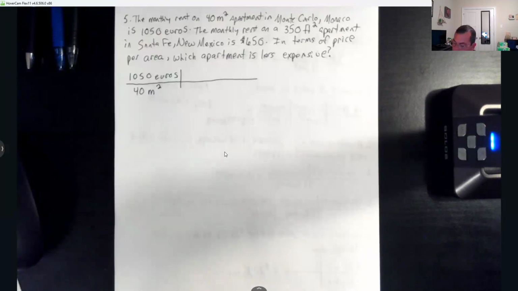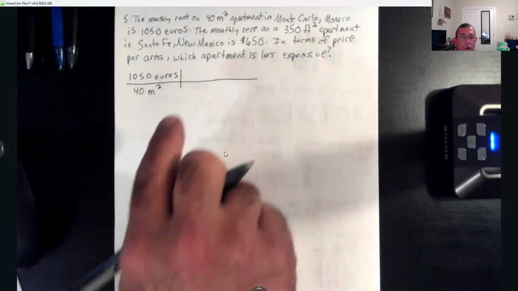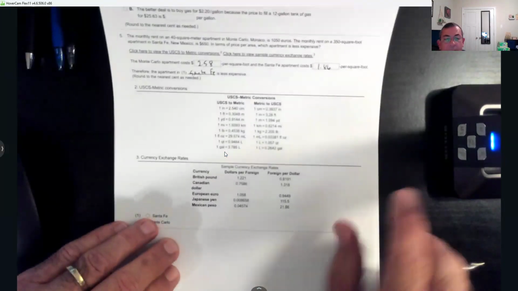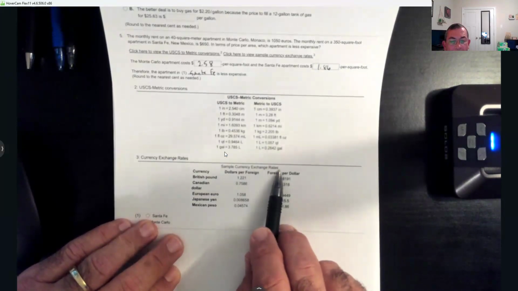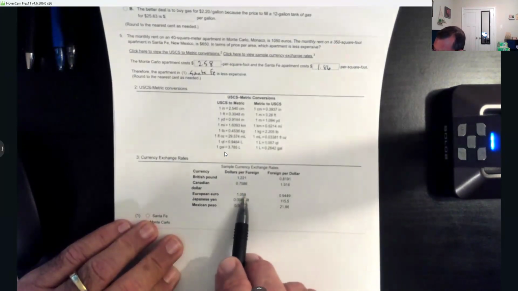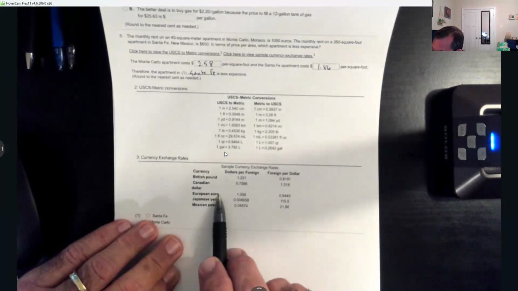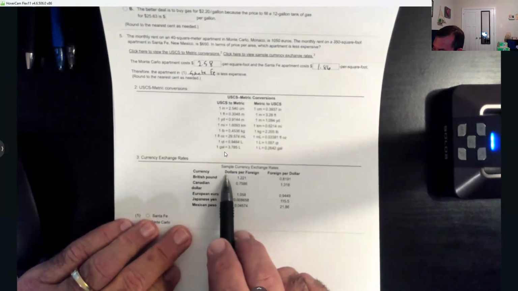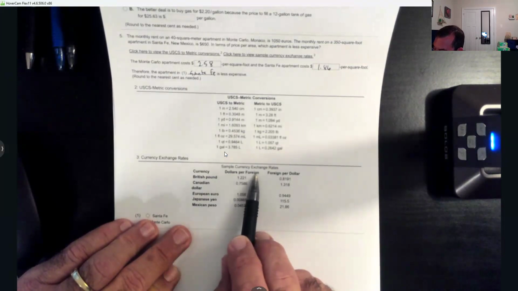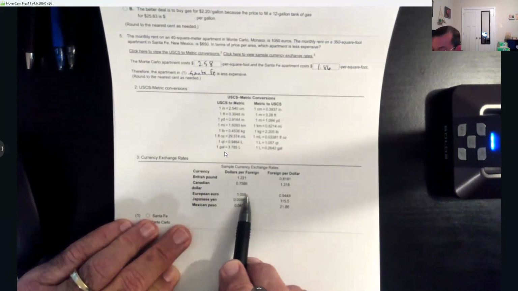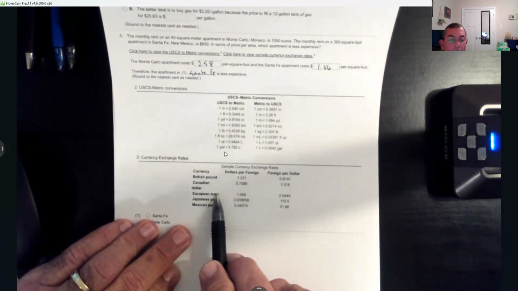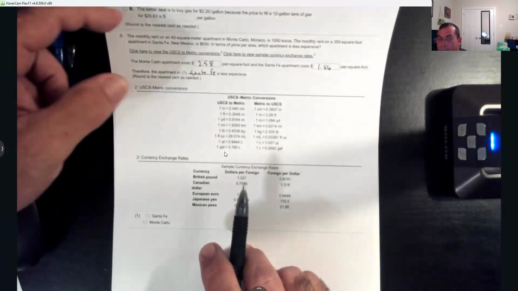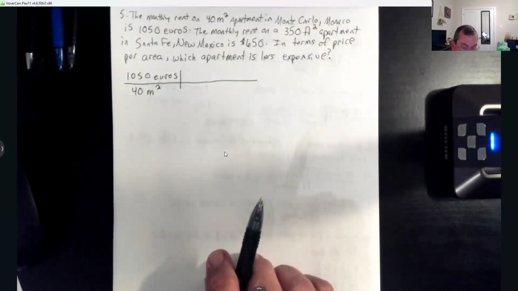Okay, y'all. So the first conversion I'm going to do, I'm going to convert euros into dollars. So they'll give you this little sample currency exchange rates. And here's my euro. So this is telling me how many dollars per foreign coin it is. So if you notice, there's $1.058 per euro, okay? So that's going to be my conversion on the euro.